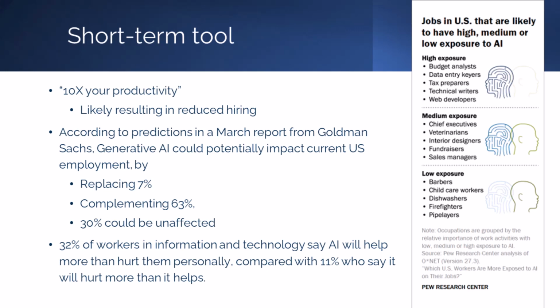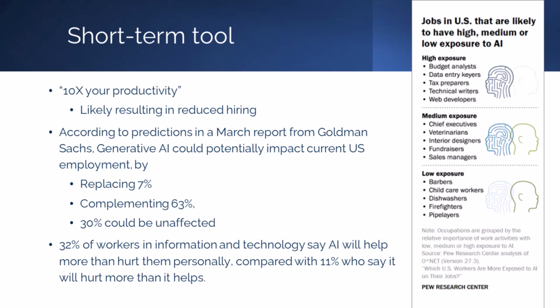But there is a lot of data out there trying to analyze and predict what's coming. And the predictions from Goldman Sachs are that 7% of people could be replaced in the shorter term, and 63% it would complement, and about 30% would be unaffected.